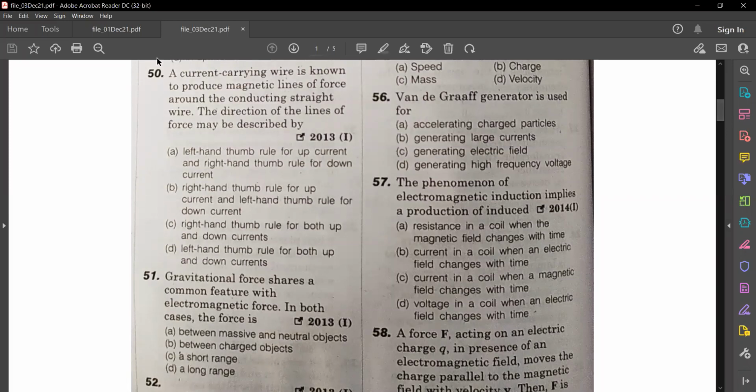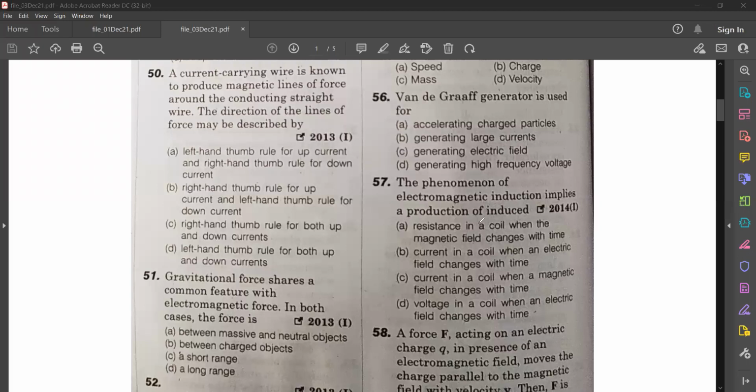The phenomenon of electromagnetic induction implies production of induced resistance in a coil when the magnetic field change with time, current in a coil when an electric field change with time, current in a coil when a magnetic field change with time, voltage in a coil when an electric field change with time.